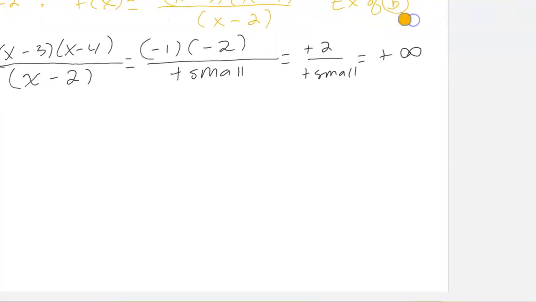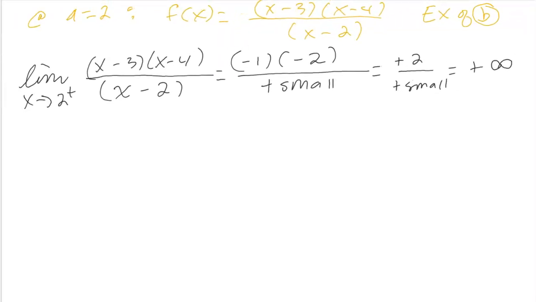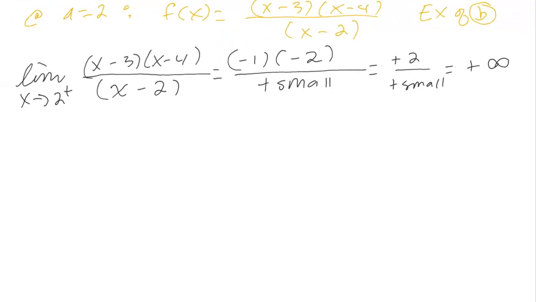Now, what's an example of part C? Well, let's take, for example, 3.5. So an example of part C would be when a is 3.5.